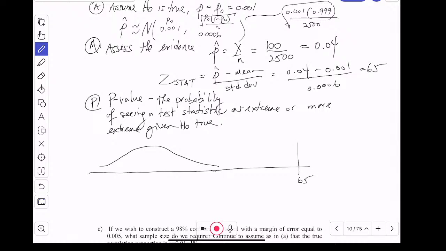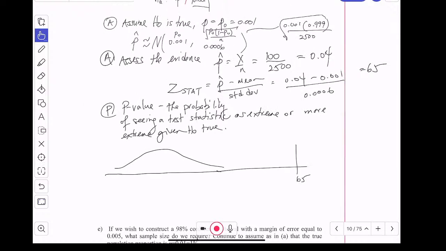And what am I going to do with it? I have to see what's the p-value, the probability of seeing a test stat as extreme or more extreme. What does extreme mean? Far away in what direction?